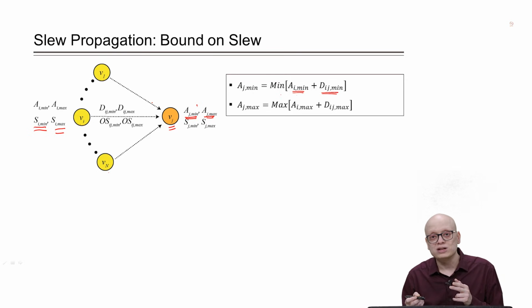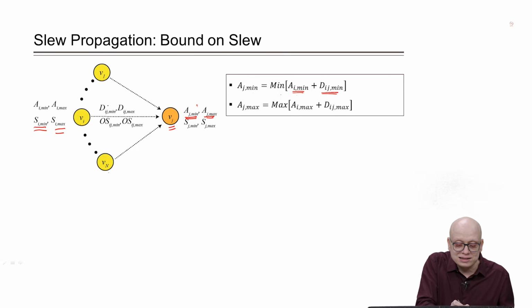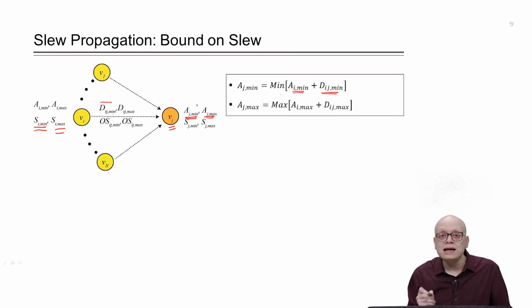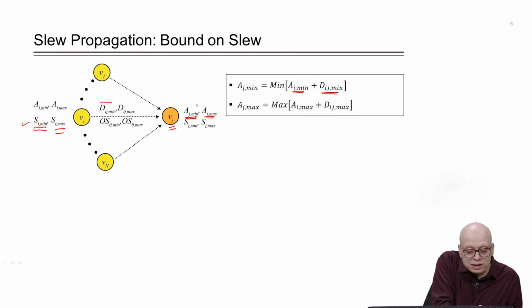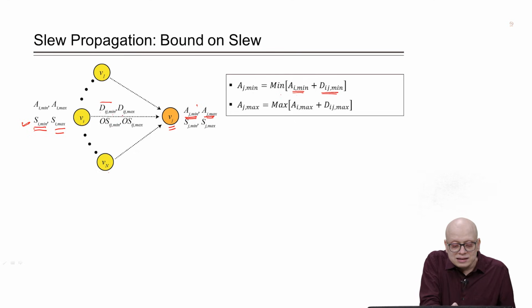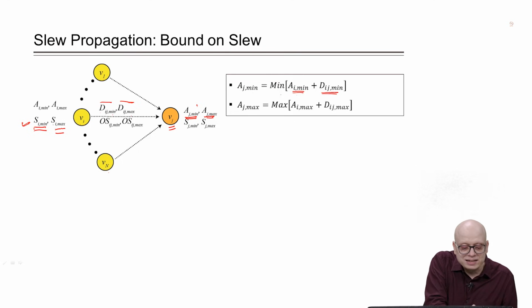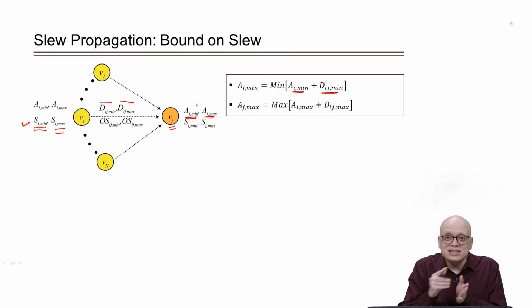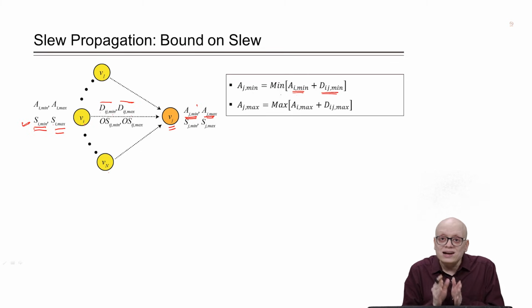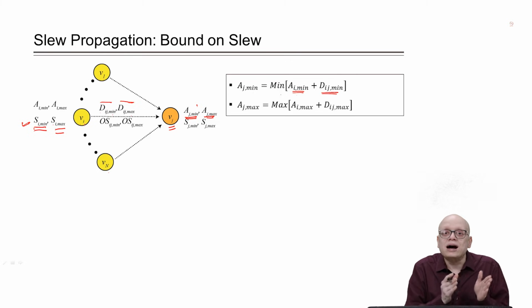One will be with respect to the lower bound on the slew and the other on the higher bound on the slew, and those two bounds are shown as Dij min, the lower bound on the delay obtained by the lower bound on the input slew, and then Dij max corresponds to the delay obtained when the input slew was the maximum, that is Si max at Vi. So, each edge will now have, rather than one delay, two delays, one corresponding to the lower bound on the input slew, the other corresponding to the higher bound on the input slew.